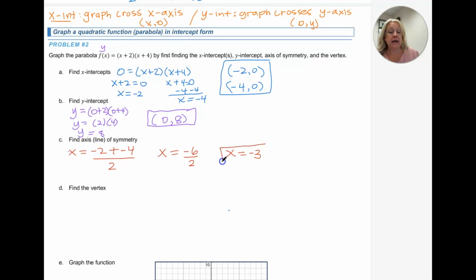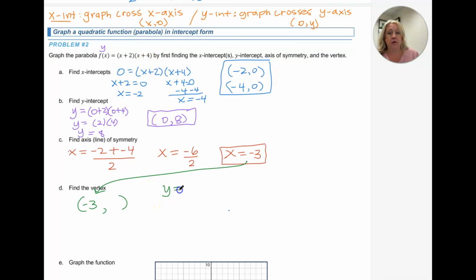Now remember, this is a line. It's the axis of symmetry that cuts that parabola exactly in half, and it's also the x-coordinate of our vertex. So let's use that for our next part. If I'm trying to find the vertex, that negative 3 is going to be the x-coordinate. To figure out what the y is, I'm just going to replace x with negative 3 in both places in my equation and solve for y.